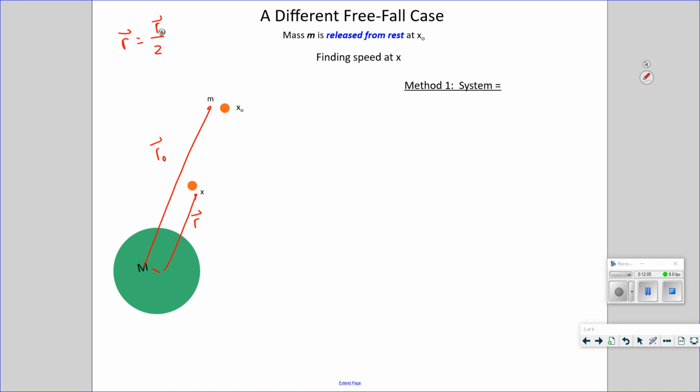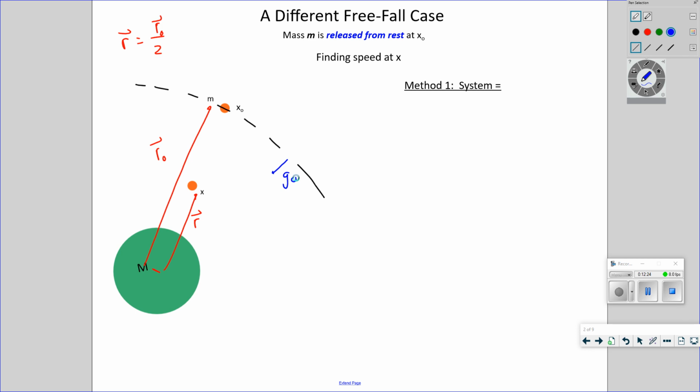What that means is, if there's a field at that distance from the center of this object, I'll write it as g naught.